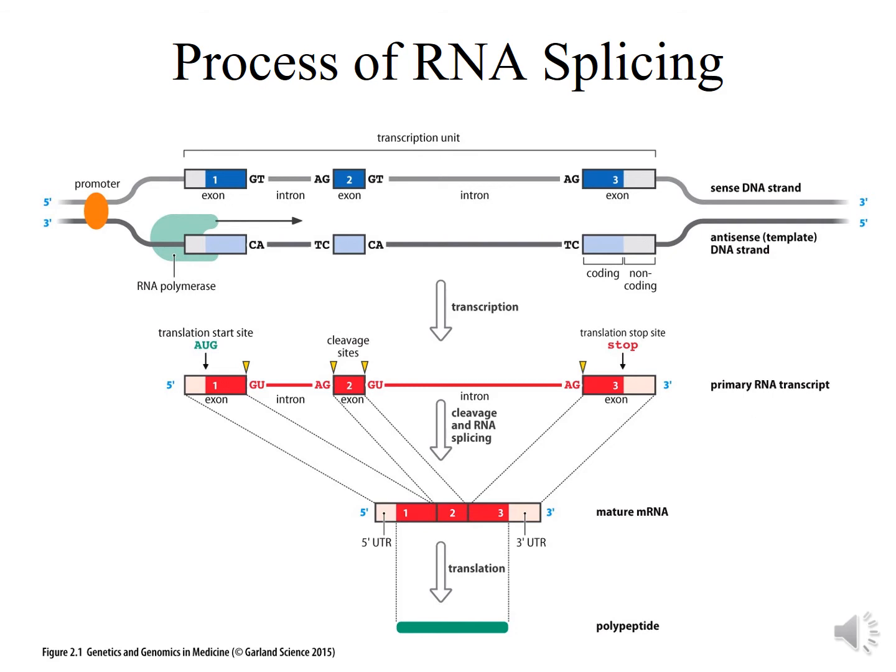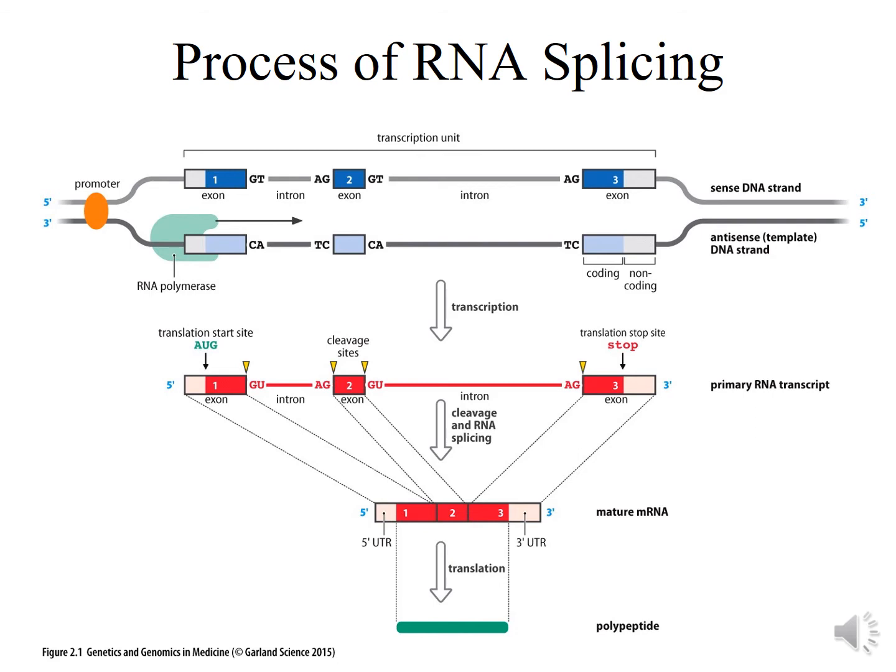The 3 exons and the 2 separating introns are transcribed together to give a large primary transcript. The RNA transcript is cleaved at positions corresponding to the exon-intron boundaries.